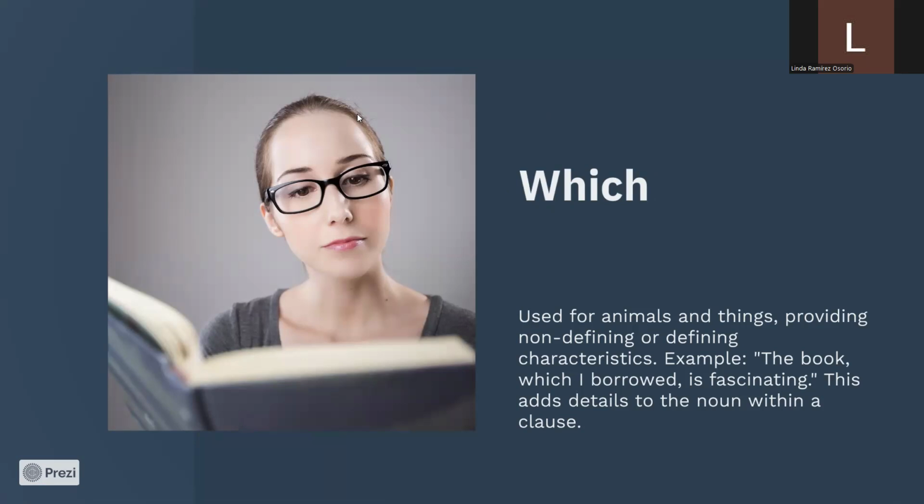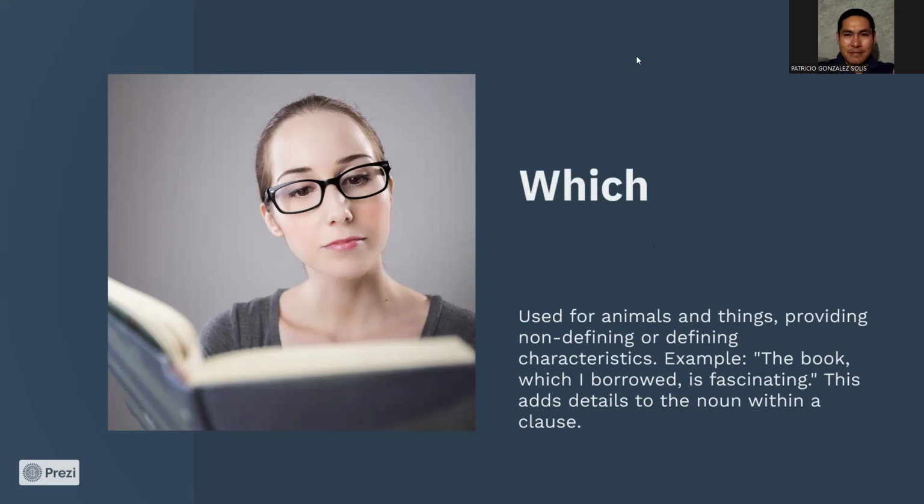This adds details to the noun within a clause. Thank you, my dear Linda. Now, you mentioned who, whom for people. Whose, possession. Which is for animals and things, singular or plural, okay?